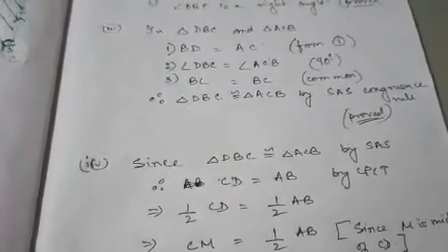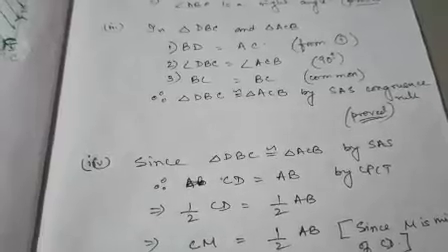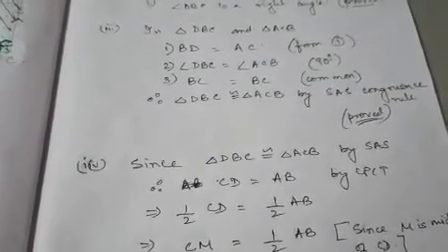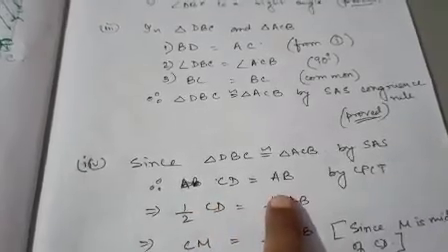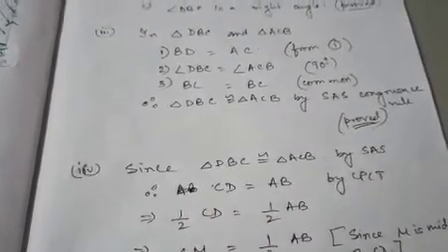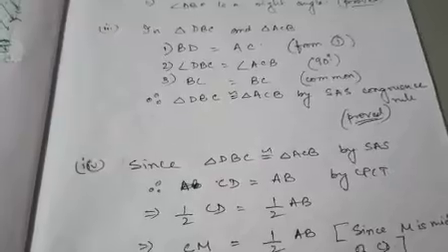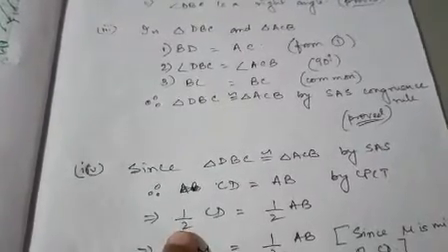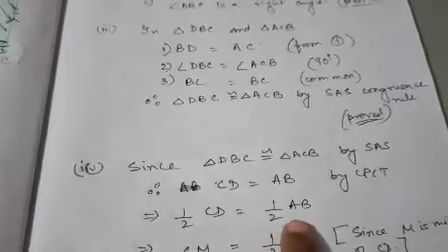When two triangles are congruent, their sides and angles are also equal. So we can write CD is equal to AB. We divide this equation by 2, so we can write half of CD is equal to half of AB.